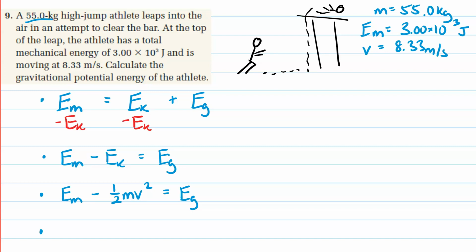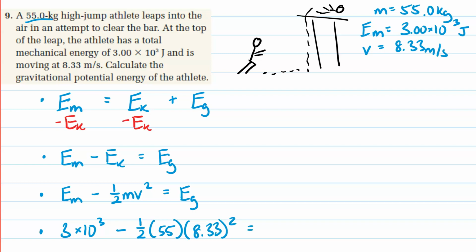Mechanical energy is the 3 times 10 to the 3 joules. We're going to subtract from that the kinetic energy, 1/2 times the mass, which is 55, times the speed squared, 8.33 squared.